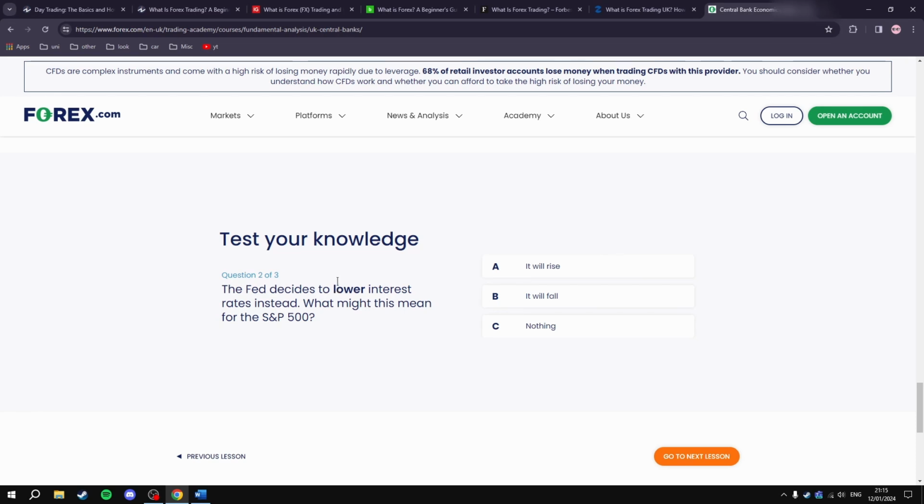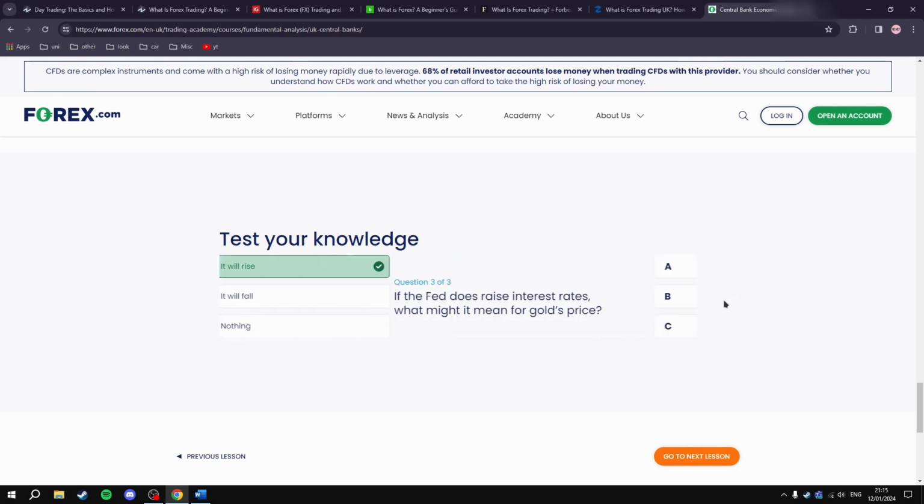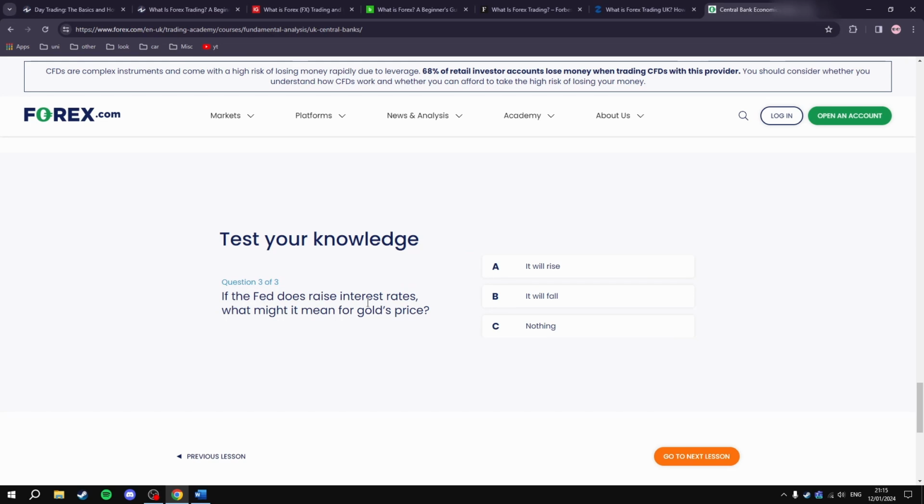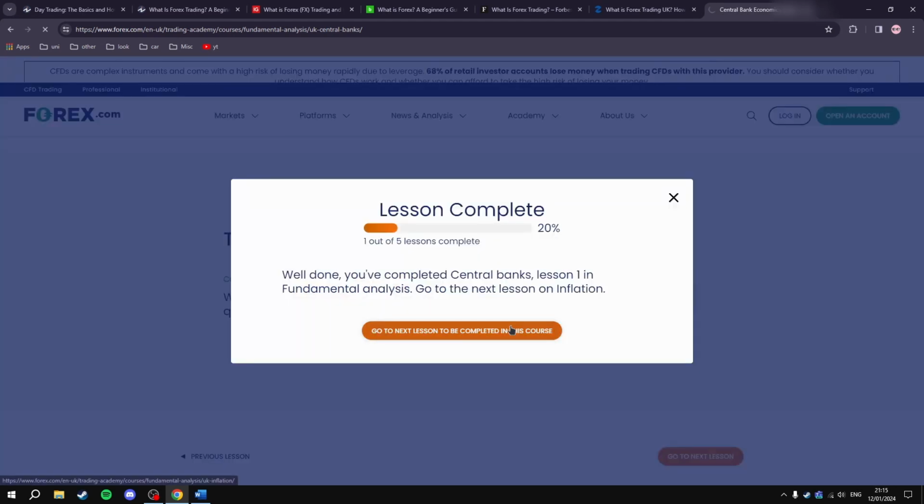It will rise. If the Fed does raise interest rates, what might that mean for the gold price? It will rise? No. It will fall. Why does gold fall though?